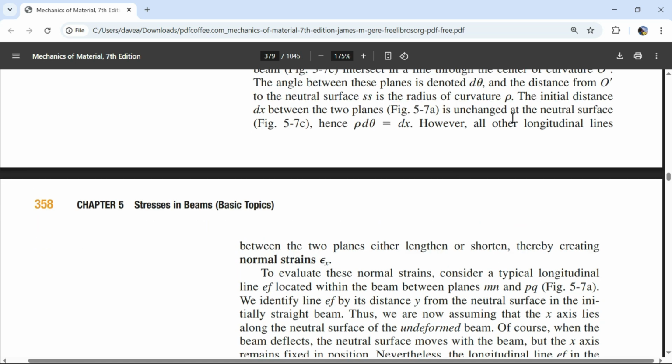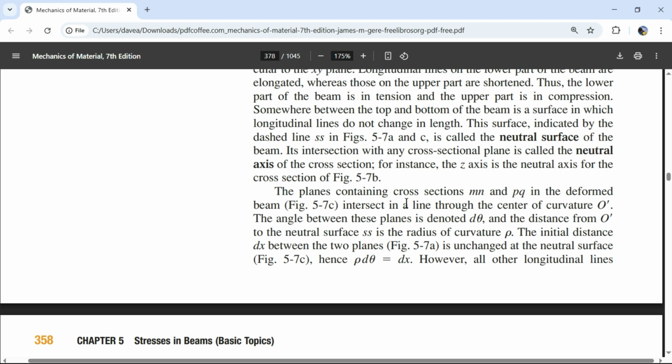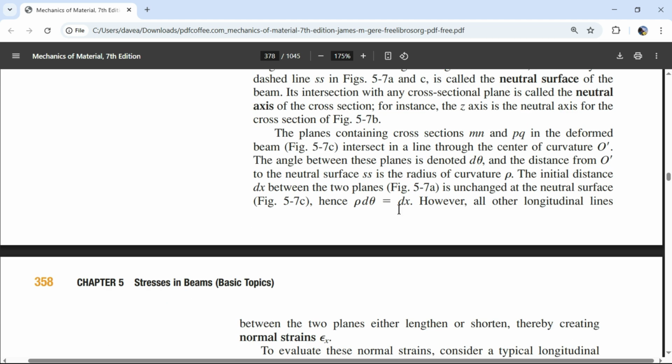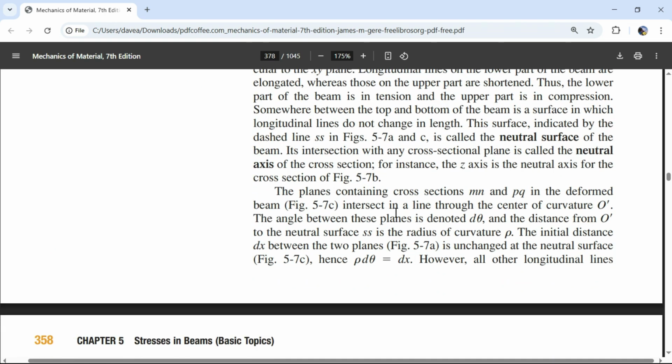All right, so now, however, all other longitudinal lines between the two planes either lengthen or shorten, thereby creating normal strains. So we have this relationship that radians times radius is that arc length dx, and this should also give us every other length. Even just from that equation, all we have to do is change the radius a little bit.